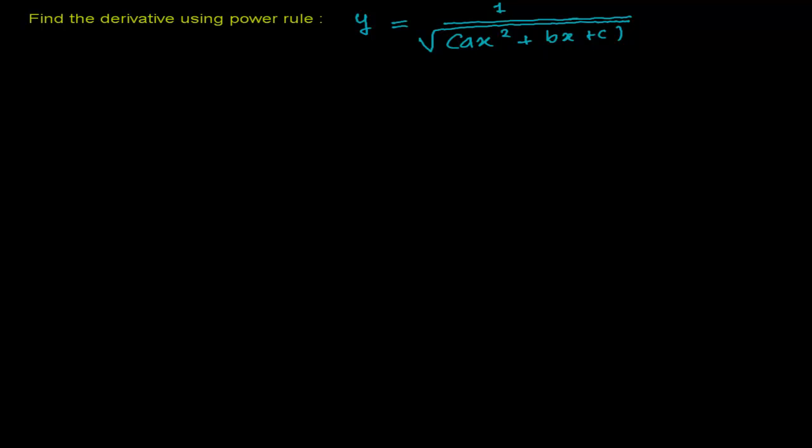So let me first write my function here. My function is y equals 1 over the square root of (ax square plus bx plus c). Alright, and my bracket is closed.